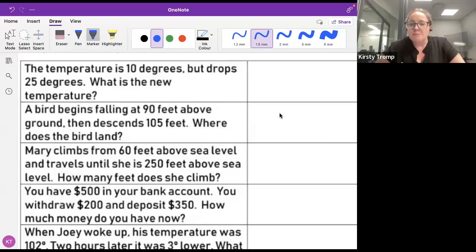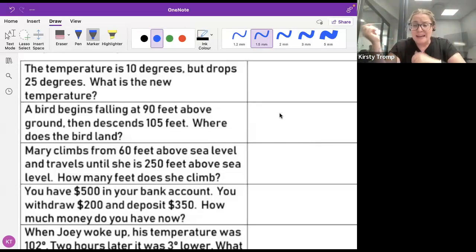But if we had to say that the temperature dropped, when we looked at thermometers on Monday, and for those of you who weren't here on Monday, please go back and watch the video about Monday. When we say that the temperature drops, it means that it's getting colder. When it gets colder, what's happening to the temperature? The temperature is going down.